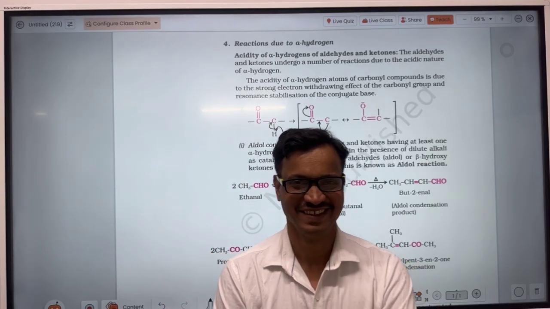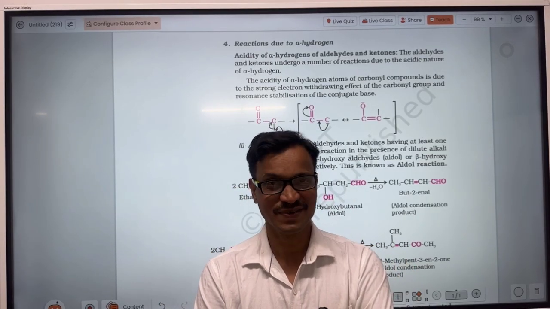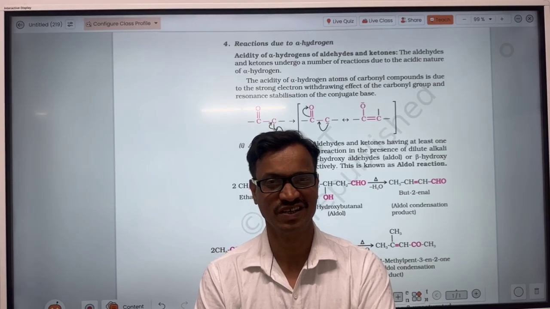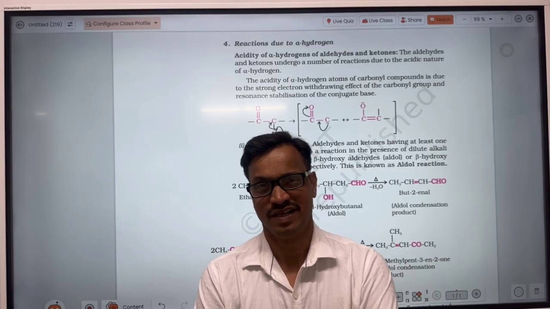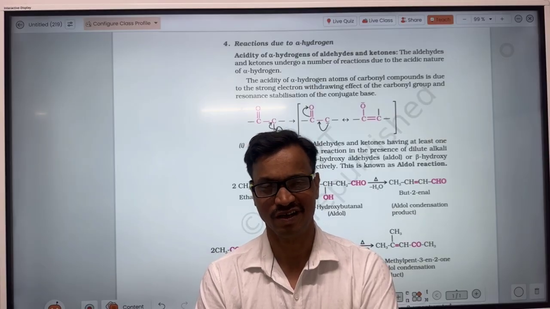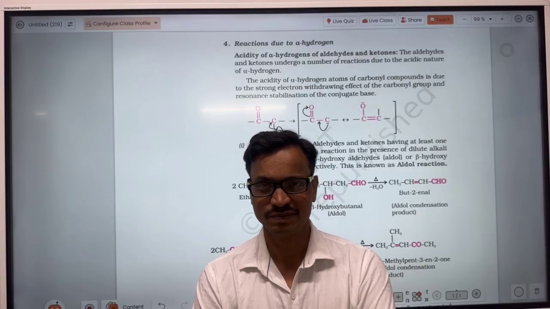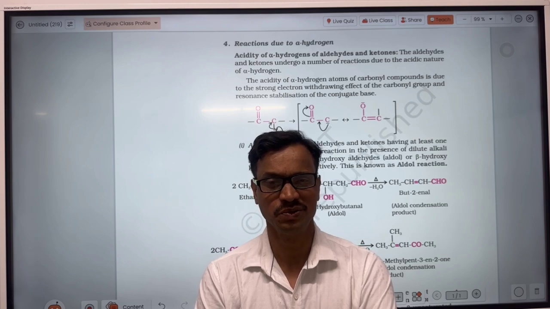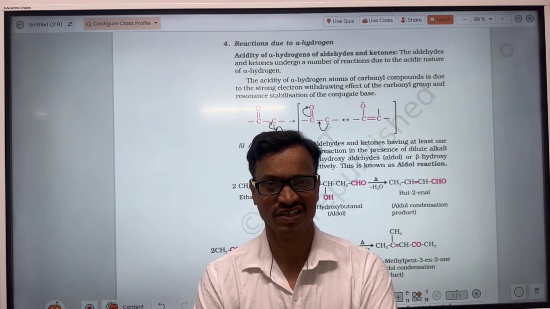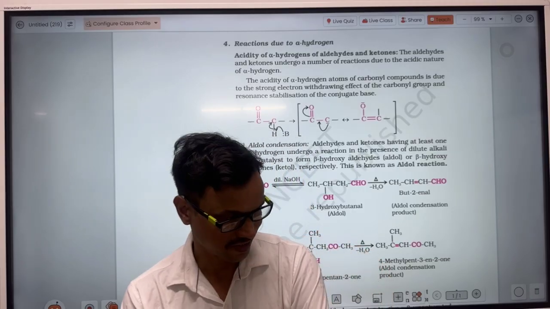Recall that the carbon atom to which the functional group is bonded is called alpha carbon, and the hydrogen bonded to the alpha carbon is called alpha hydrogen. That means an aldehyde or ketone having alpha hydrogen will show the aldol condensation reaction.